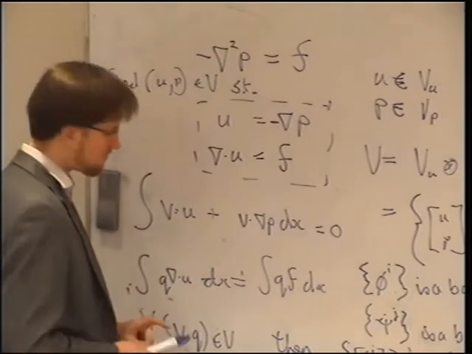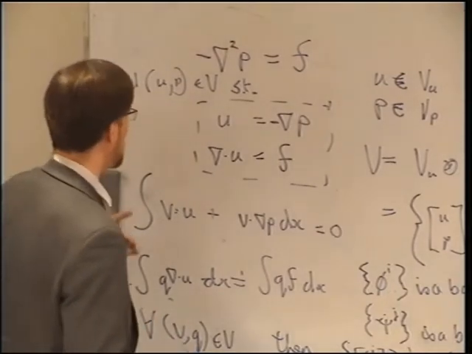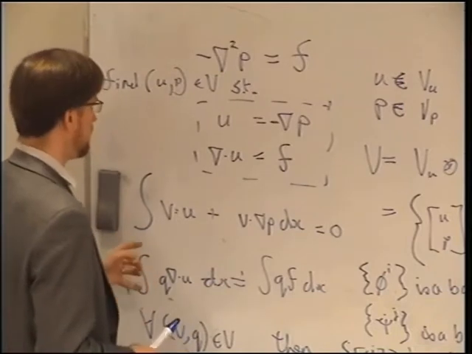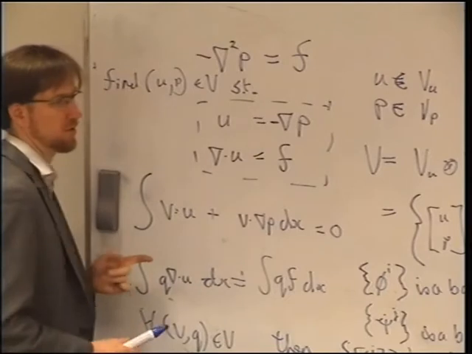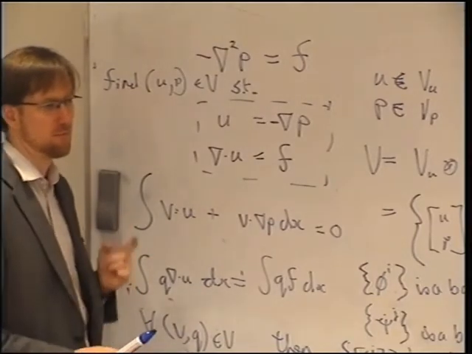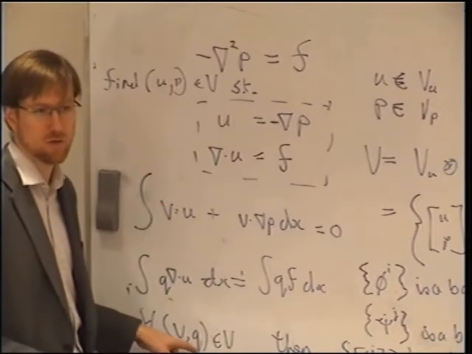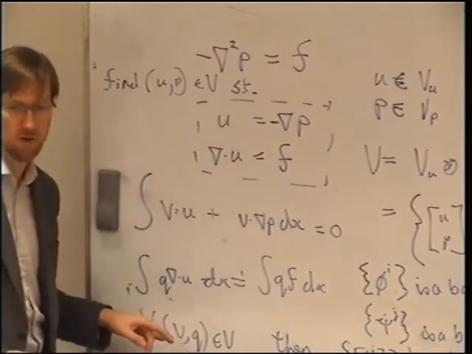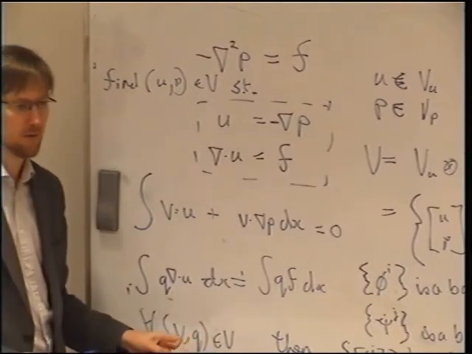Right. So what have we just done? We've actually, at each point, multiplied by the whole test function, because that's what you've actually got to do. The weak form says we take our equation and multiply by the whole test function.